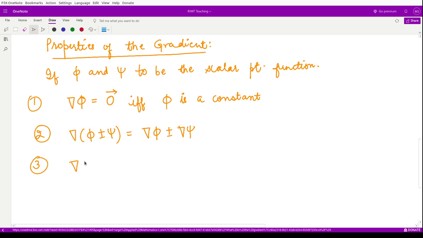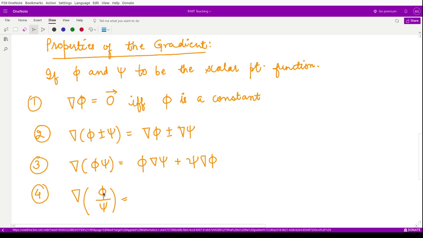The third property says gradient of phi psi is equal to phi as such times the gradient of psi plus psi as such times the gradient of phi. This is very similar to the product rule used in differentiation. You keep the first function as such, differentiate the other, and then keep the second function as such and differentiate the first.